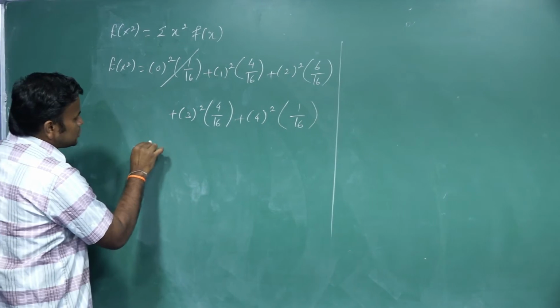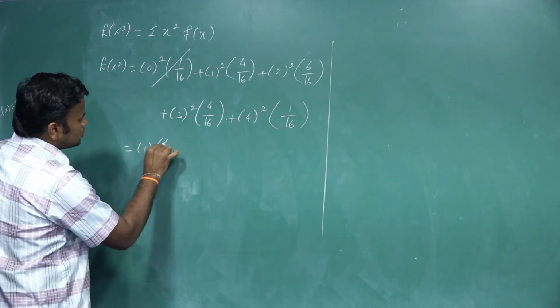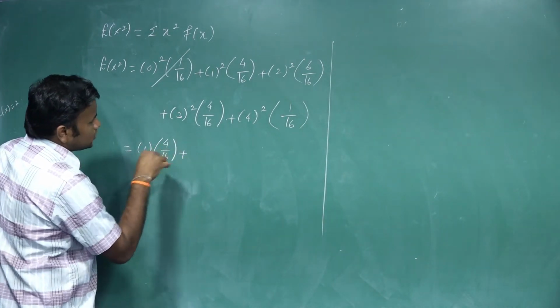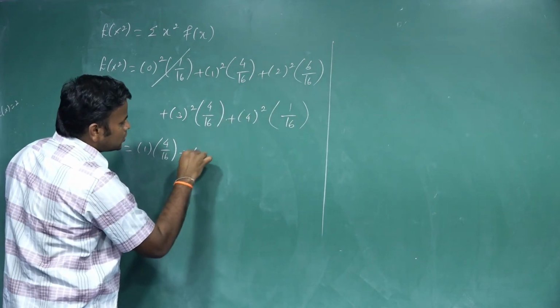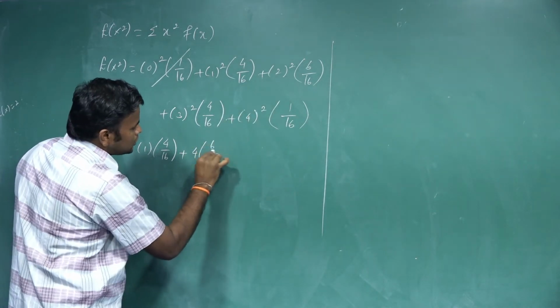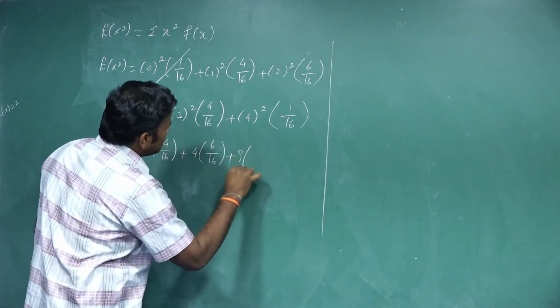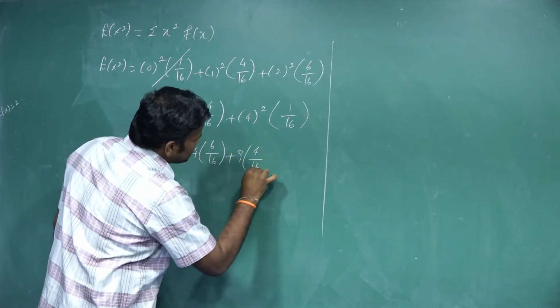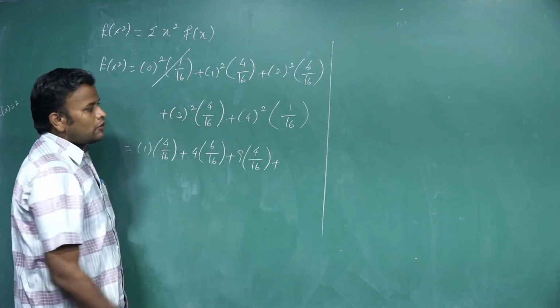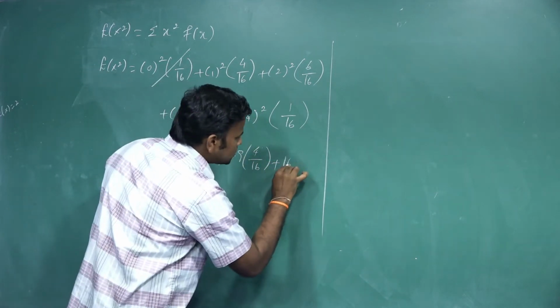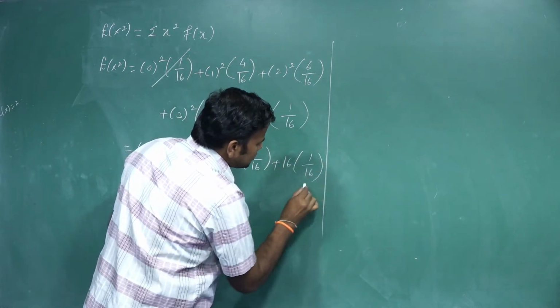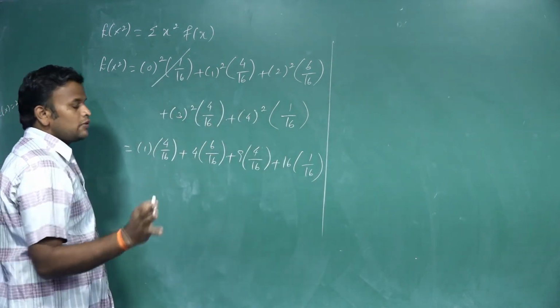The next is simplification. The value of 1 square is 1 into 4 by 16 plus the value of 2 square 4 into 6 by 16 plus the value of 3 square 9 into 4 by 16 plus the value of 4 square is 16 into 1 by 16. The simplification is your choice, we cancel anywhere.